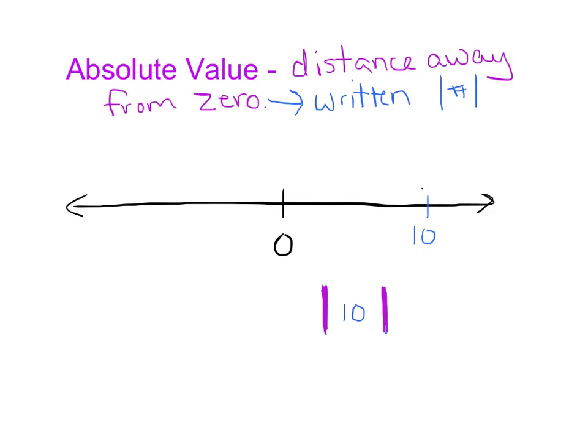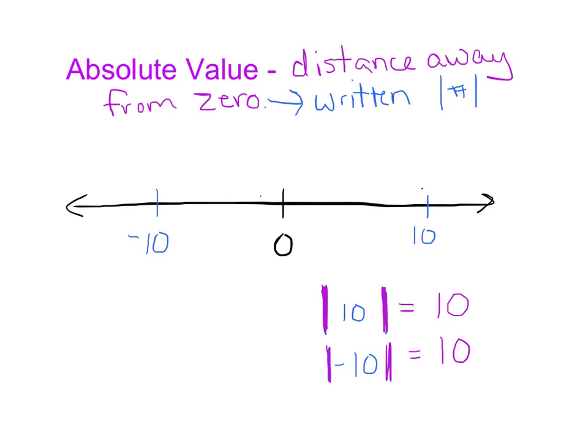The absolute value of 10, once I apply those absolute value signs, we can say that it's going to equal 10 because the number 10 is 10 spaces away from 0. Similarly, if we take negative 10, or the opposite of 10, when we start talking about the absolute value of negative 10, we can also say that it's 10 spaces away.